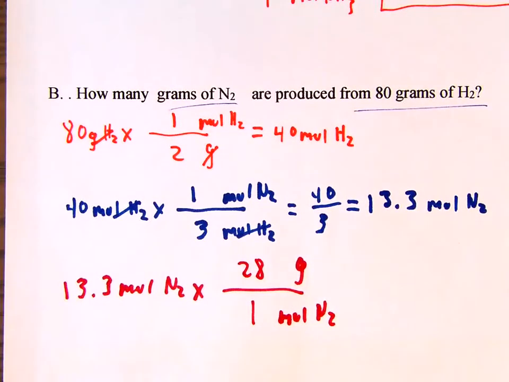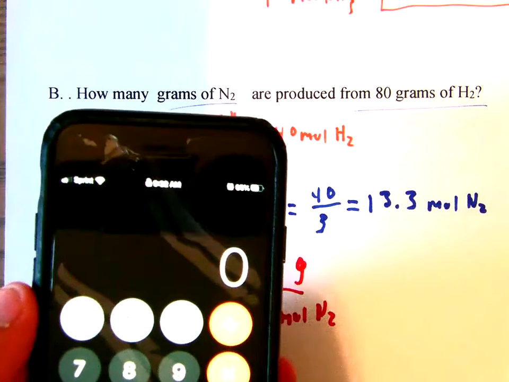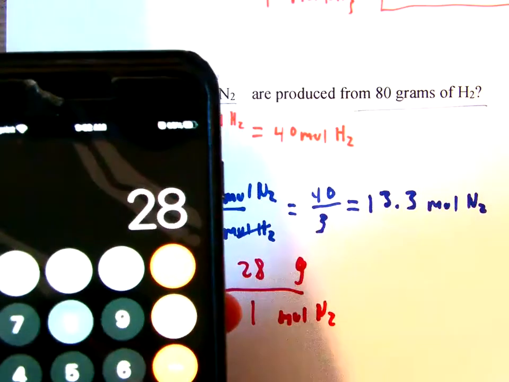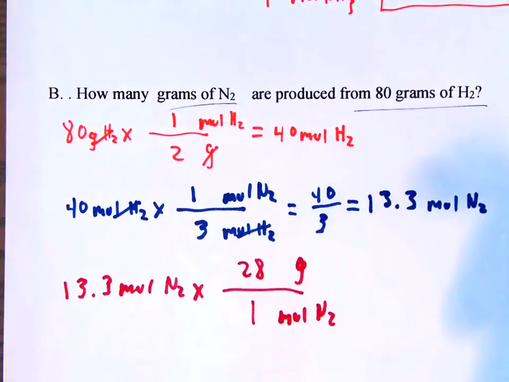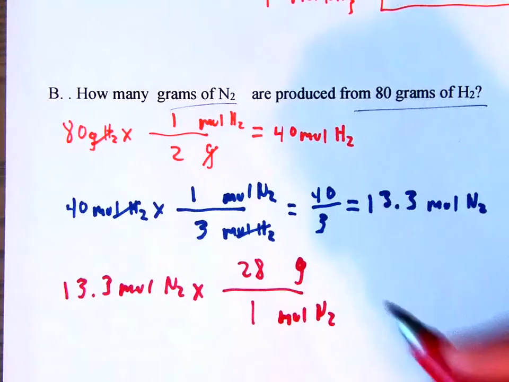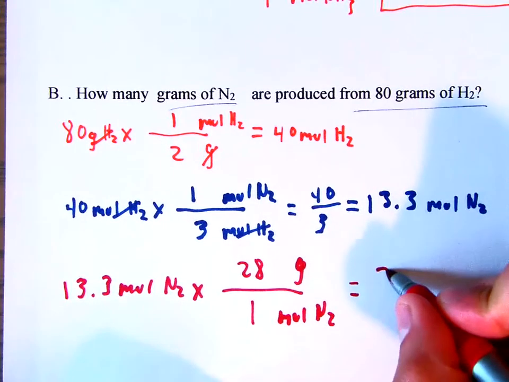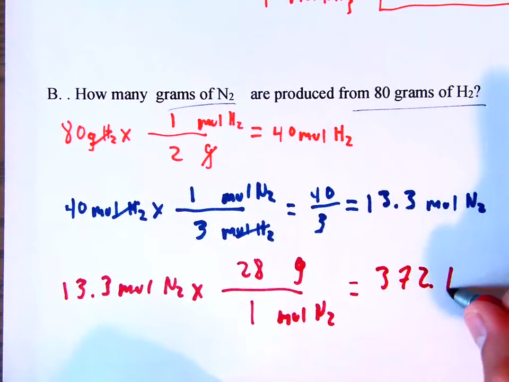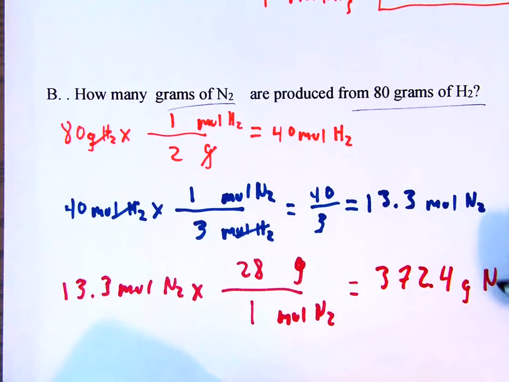I multiply 13, actually let's be more accurate, 13.3 times 28, which gives me 372.4 grams of N2.